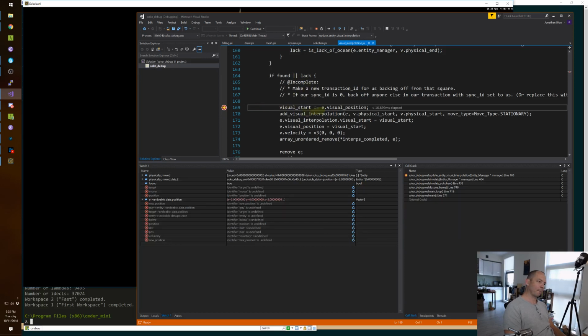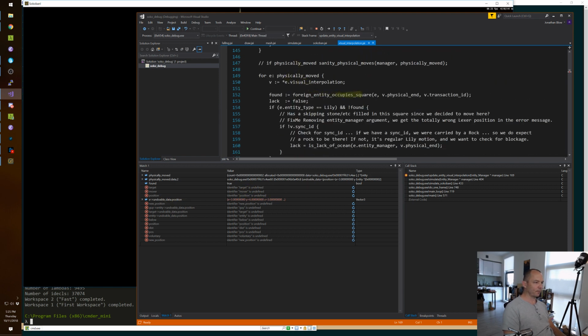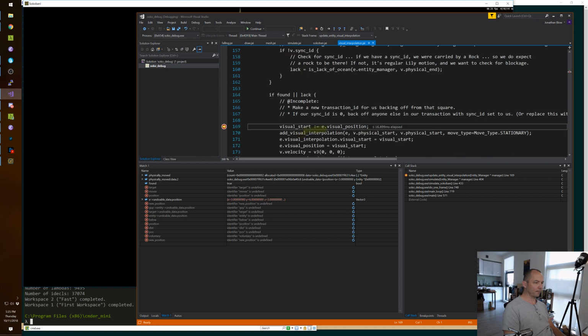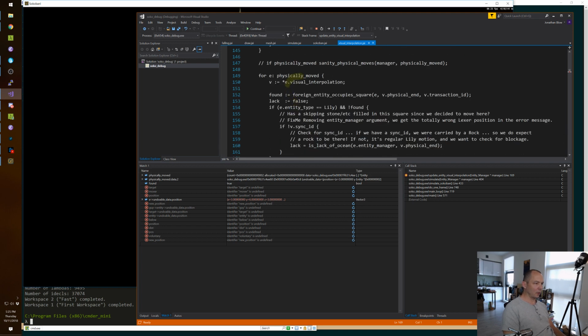Okay. So why? Why? Physically moved has 2 items. They should, in theory, be the same transaction. Oh.